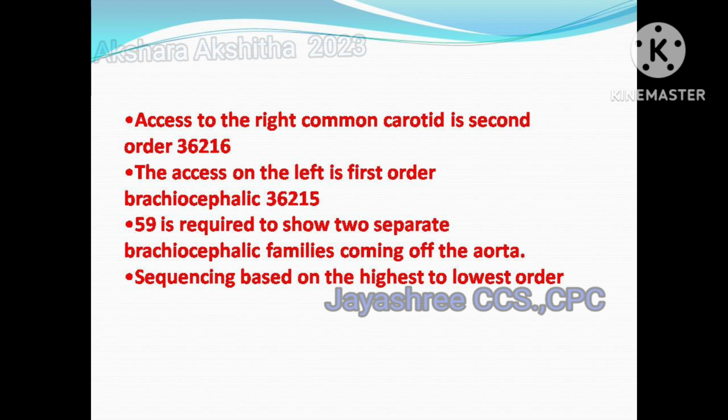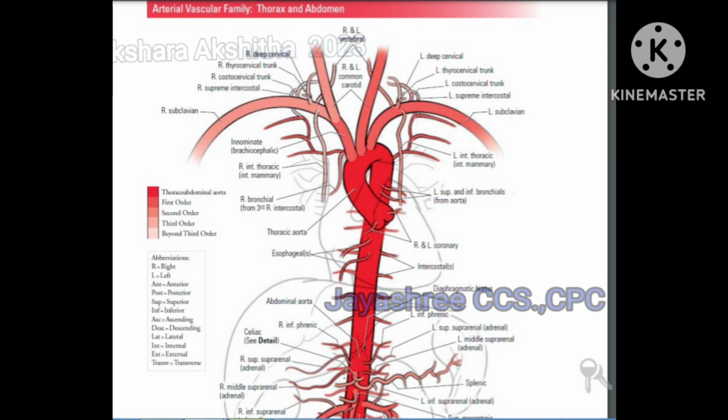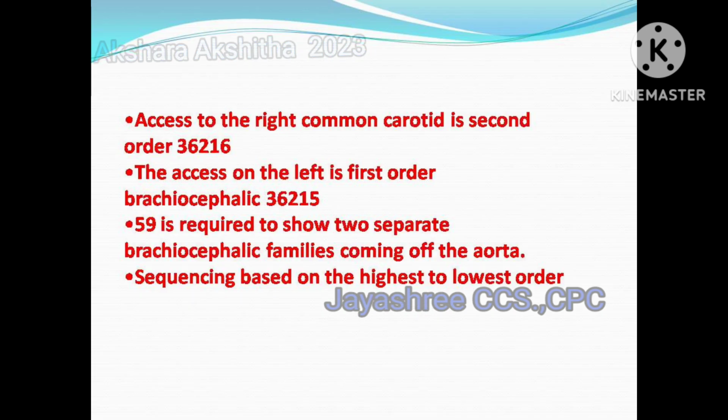From the aorta, the direct branch is the left common carotid artery. But on the other side, the right common carotid artery comes as one more branch from the first order, that is the second order. So the right common carotid artery is second order, and the left common carotid is first order. So we identified the order from the vascular family.